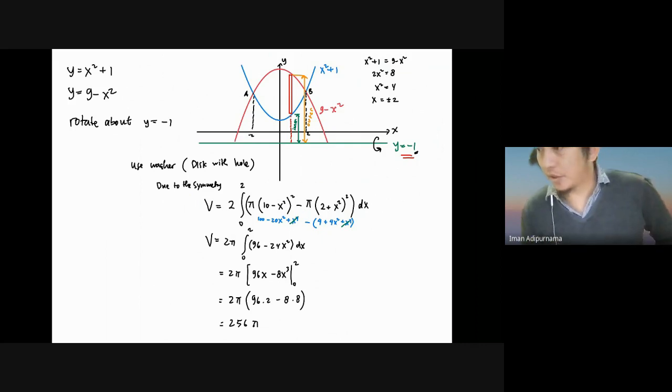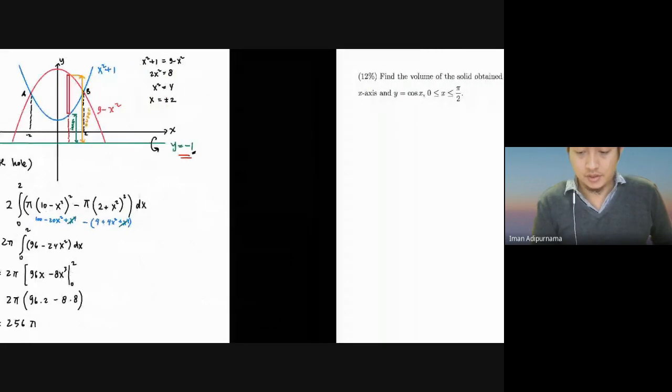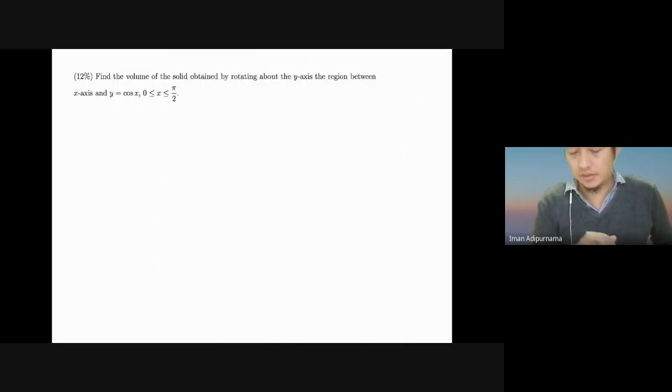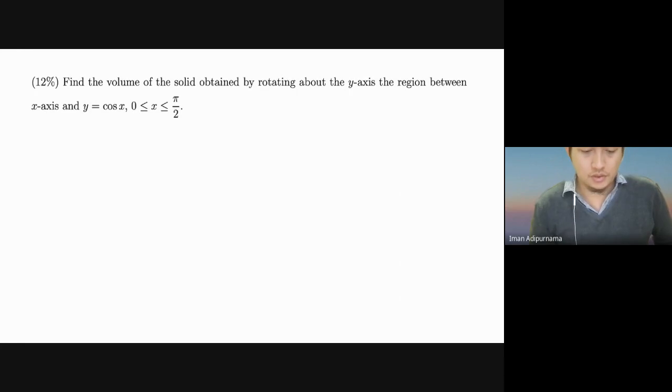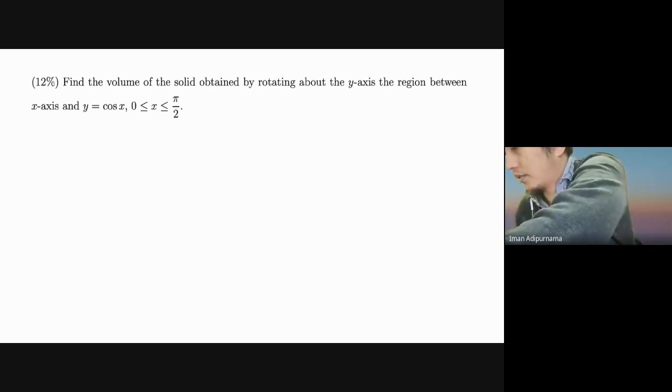Okay, let's move to another one. We'll just start with chapter 6. Okay, and yeah, still volume. I took it from somewhere on a website. So you have to find the volume of the solid obtained by rotating about the y-axis the region between the x-axis and y equals cosine x.